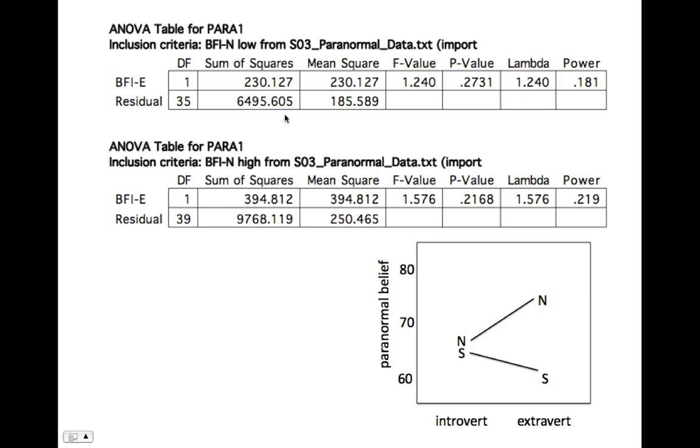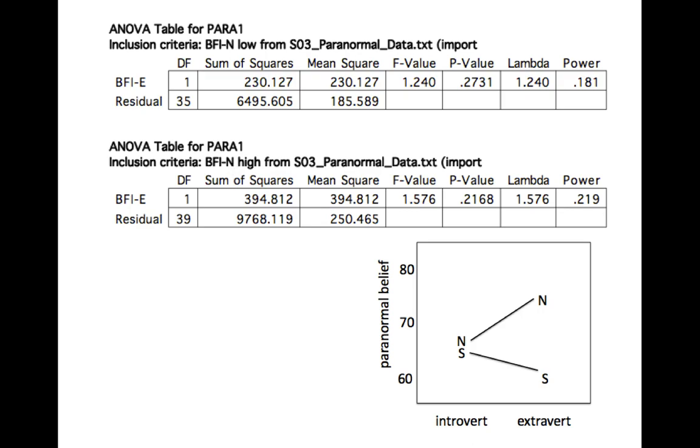And so if we take a look at this first paired comparison, what we see is that we have this inclusion variable, neuroticism low, and if we look at this next one, we see that the inclusion criteria is high neuroticism.